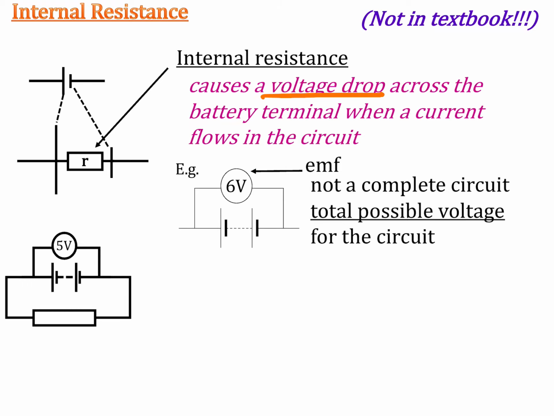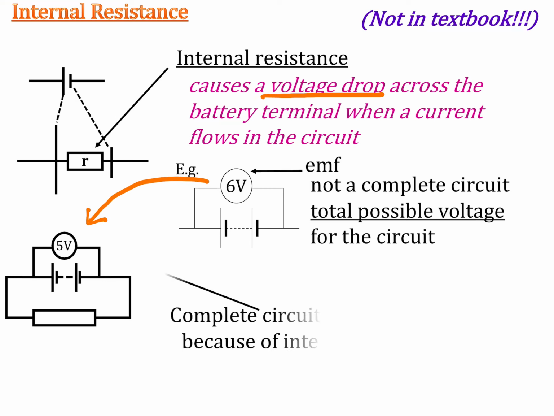However, when I complete the circuit, the potential drops. Where does that 1 volt go? Well, that 1 volt represents the amount of energy per unit coulomb that's used in order to get the electrons out of the battery in the first place.